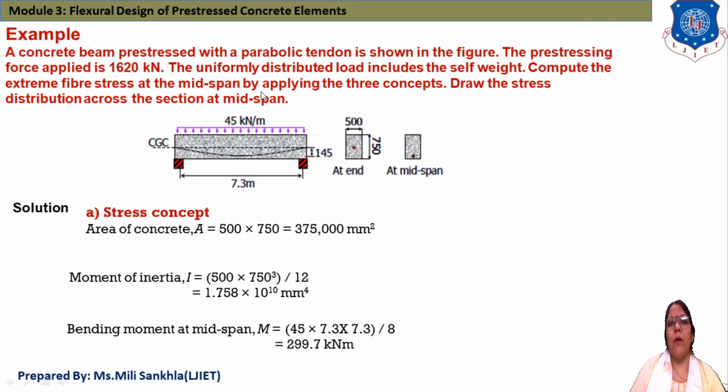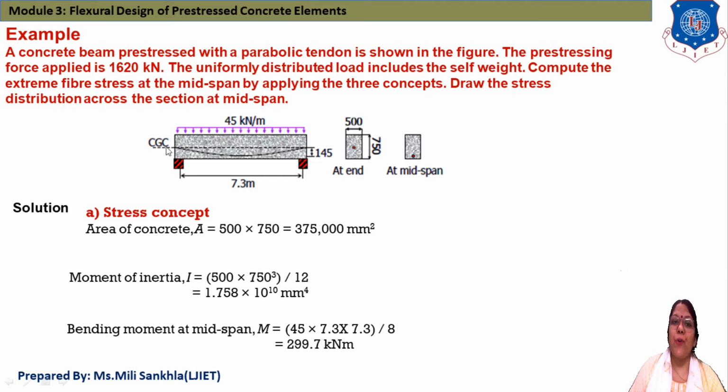Here, applying the three concepts: the first is the concept of stress, the second is the concept of force, and the third is the load balancing concept. In this figure, the simply supported beam is subjected to a UDL of 45 kN per meter, and the span is 7.3 m.